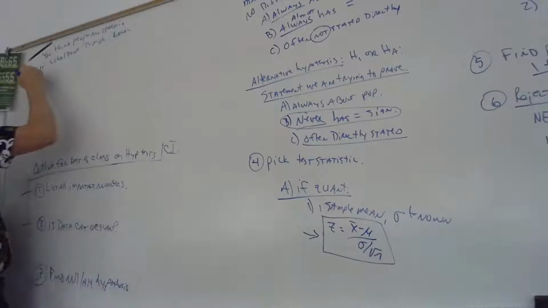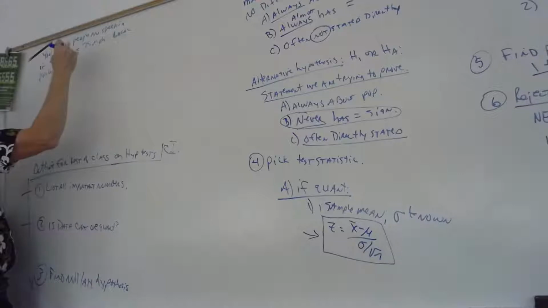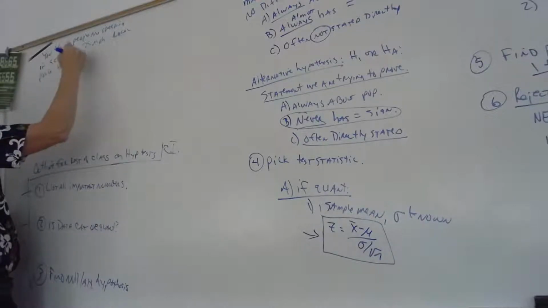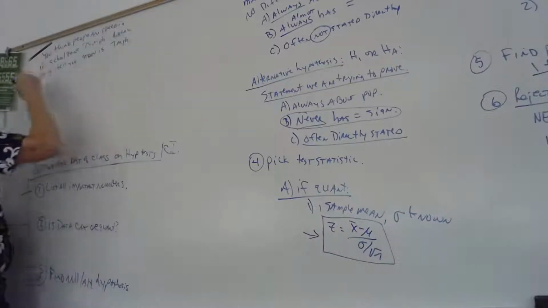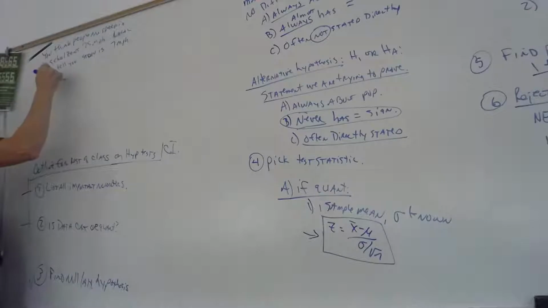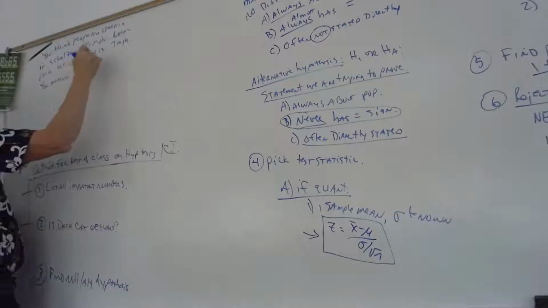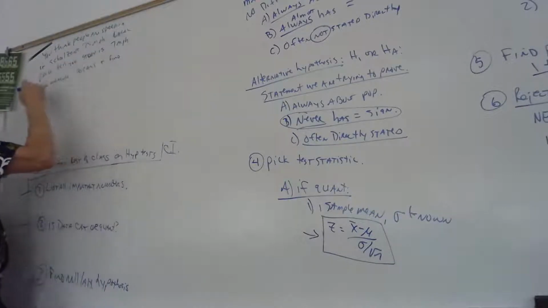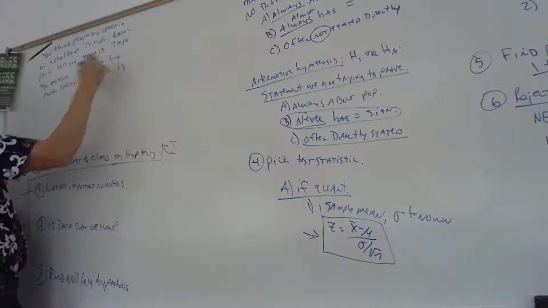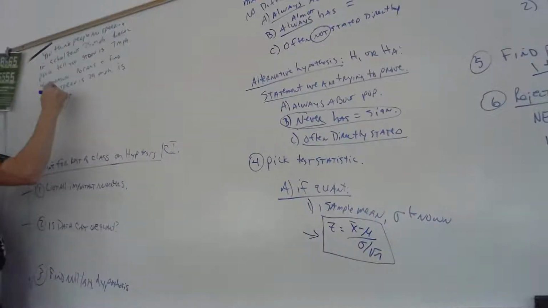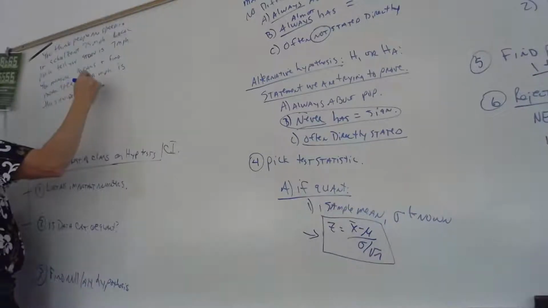Local police tell you that the standard deviation is 7 miles per hour. You measure 16 cars and find the mean speed is 29 miles per hour. Is this evidence of speeding?